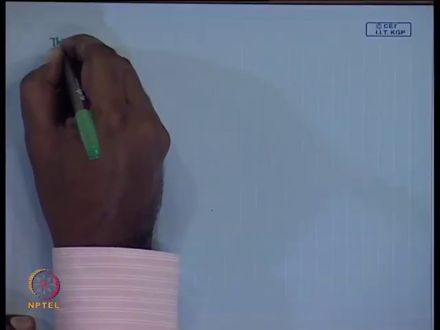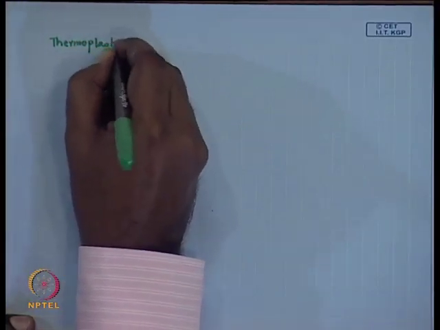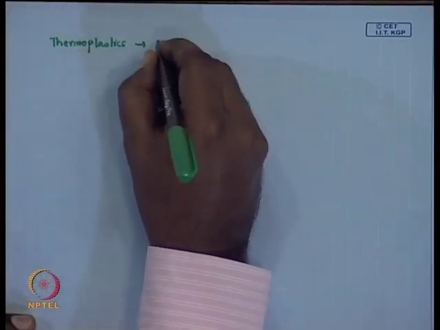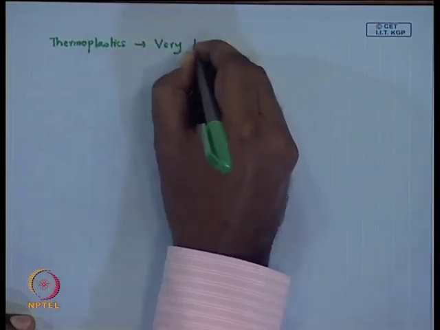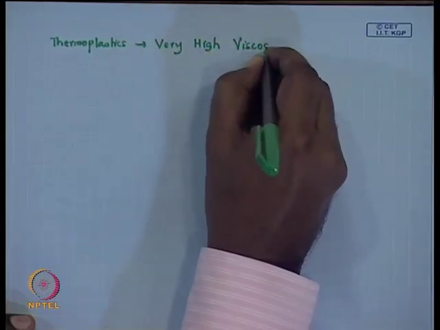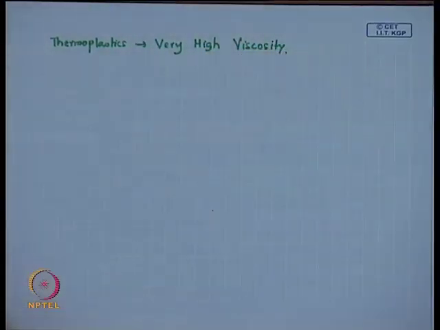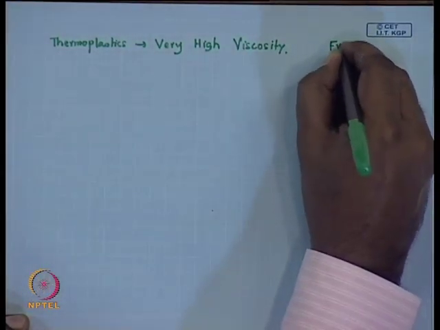So, at room temperature most thermoplastics have very high viscosity, to put it simply. The viscosity is so high that it is more like a frozen in liquid.